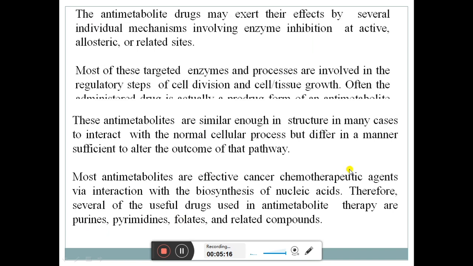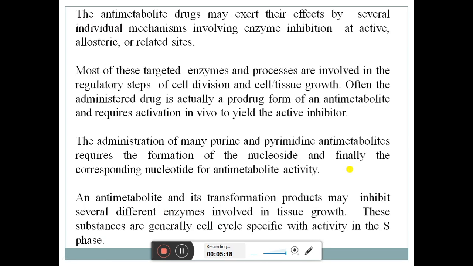The antimetabolite drugs may exert their effect by several individual mechanisms involving enzyme inhibition. How do they act? They may act by enzyme inhibition at the active, allosteric or related sites. Most of these targeted enzymes and processes are involved in the regulatory steps of cell division and cell or tissue growth.